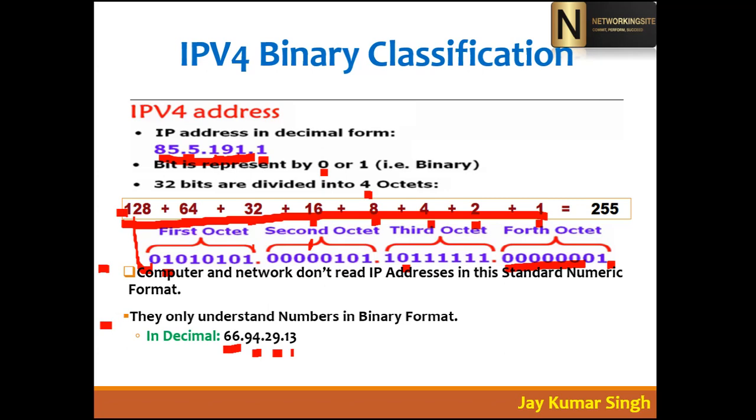Now here we have one IP address, which is 66.94.29.13. The chart is in front of you, and you have 5 minutes. Please calculate and share with me on WhatsApp in our class group. Let's see who is trying their best.